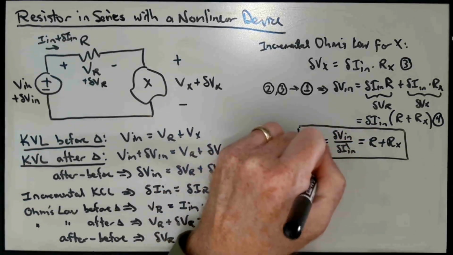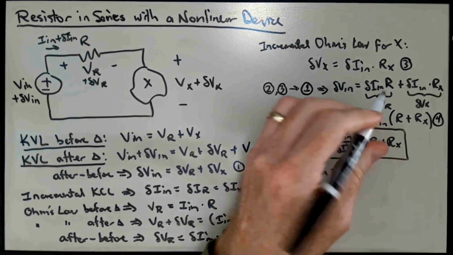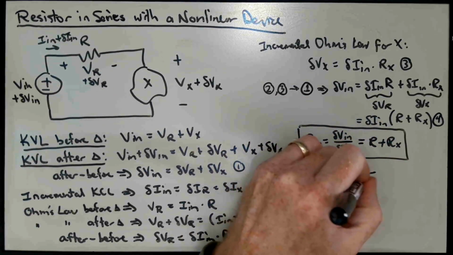Delta In is equal to delta Vn divided by R plus R sub x.